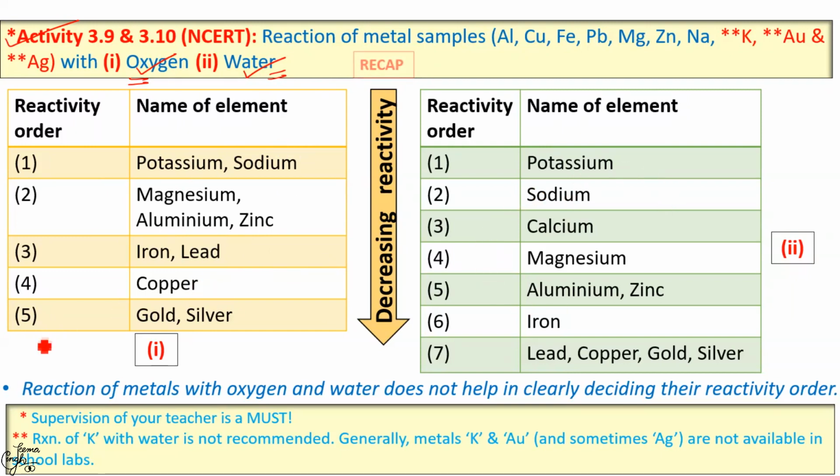And we also concluded that the reaction of metals with oxygen as well as with water does not help in providing us a detailed list of the reactivity order, as many metals occupy the same slot, as you can see here.